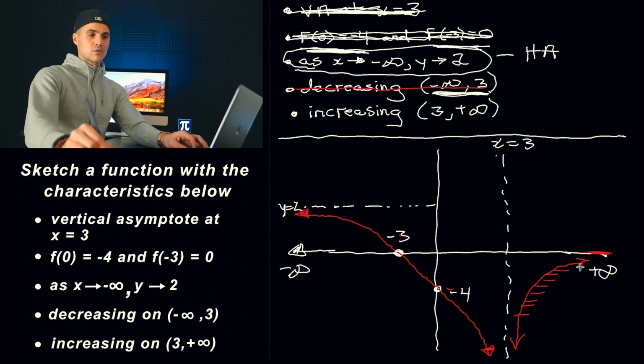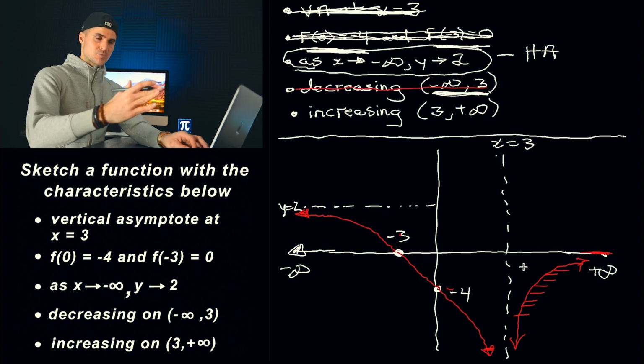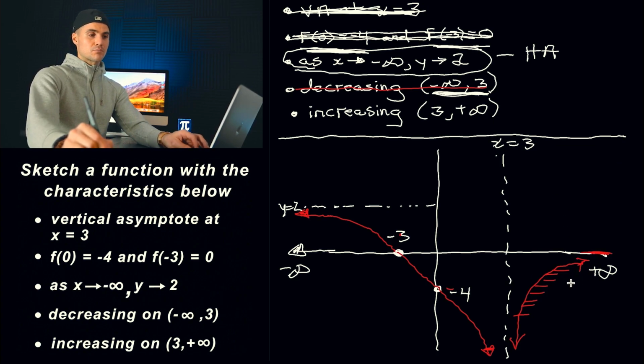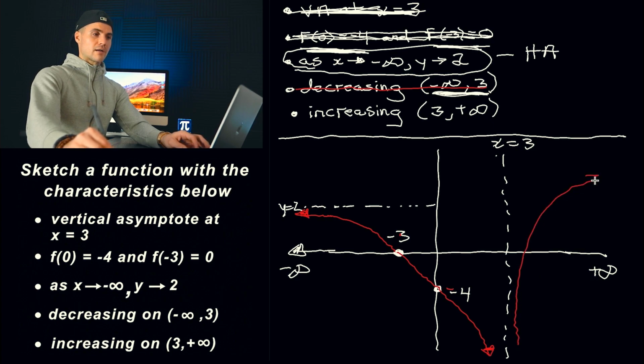So the y values are increasing as we read from left to right. So that's another possibility. You can make an asymptote if you want. On that right side, we got a lot of flexibility there. I'm probably just going to make the function go like that. I'll make it increase to a y value of positive infinity as x approaches positive infinity.